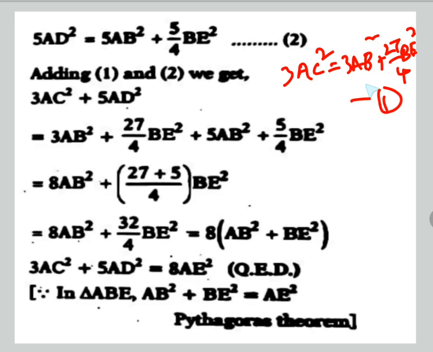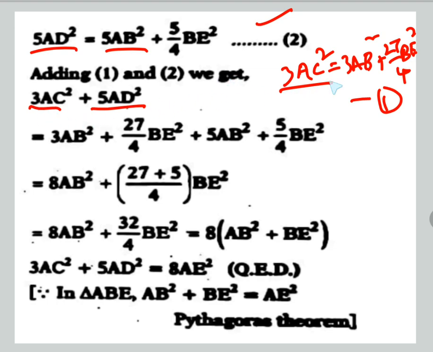This is number 1. Number 2: 5AD square is equal to 5AB square plus 5 by 4 BE square. This is second. Adding these two, 5AD square and 3AC square plus 5AD square is equal to 5AB square.